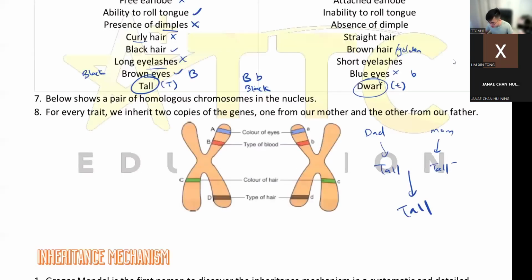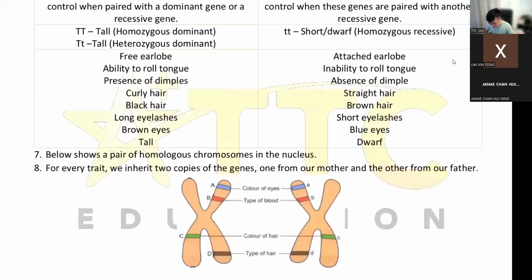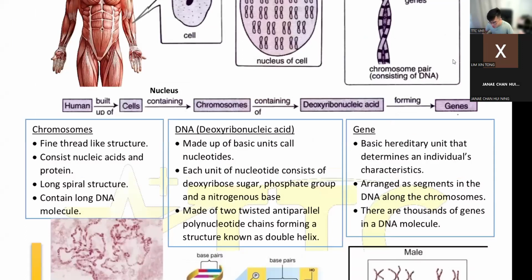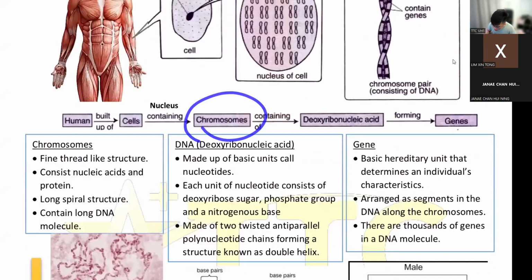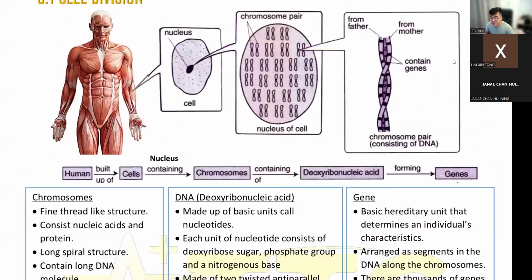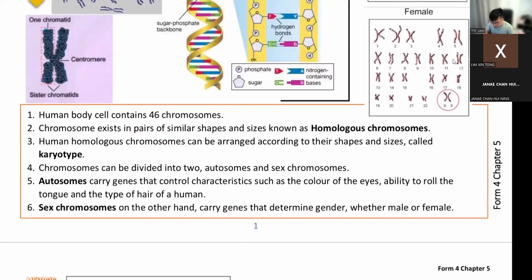I hope you still remember what you have learned before the holiday. We have finished what is your chromosome, your DNA, and gene. And what else? Oh yeah, what is in humans?